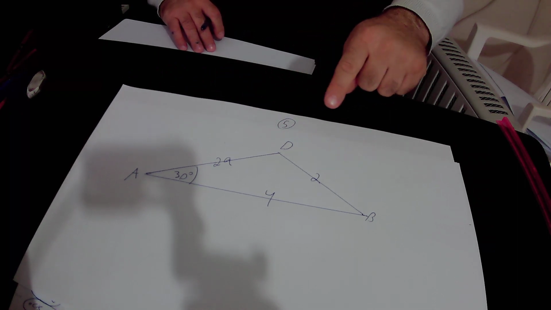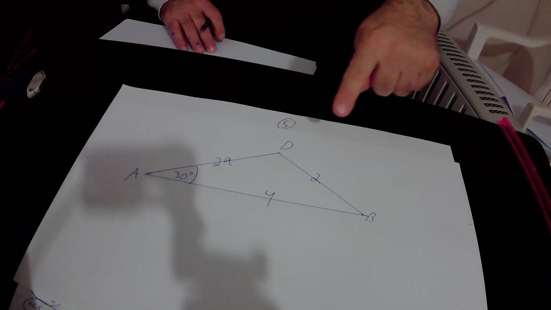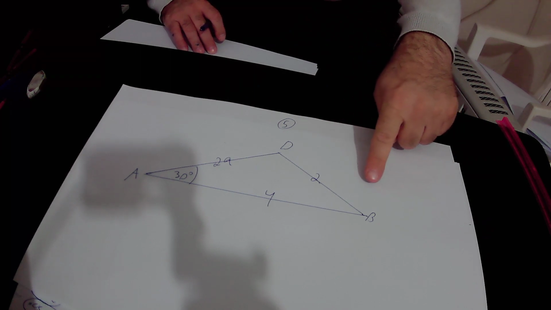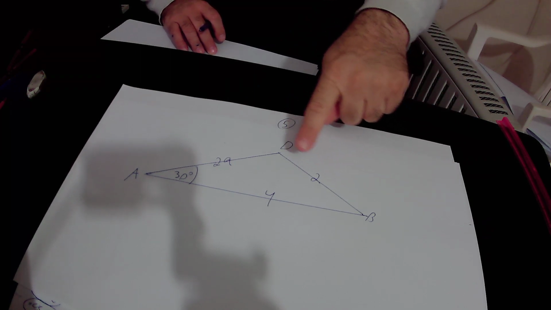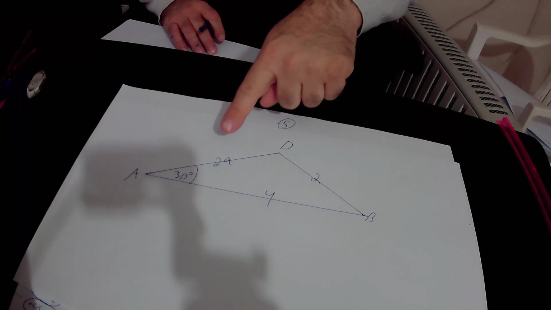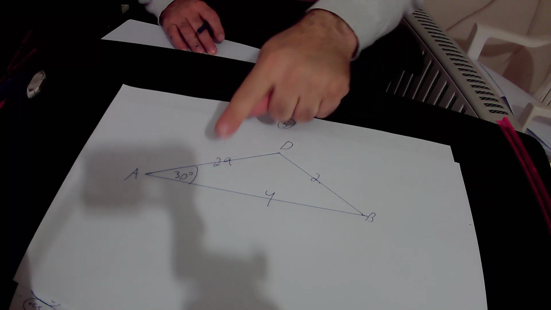We know that AD equals 2A, DB equals 2 units, and AB equals 4 units, and angle DAB equals 30 degrees.